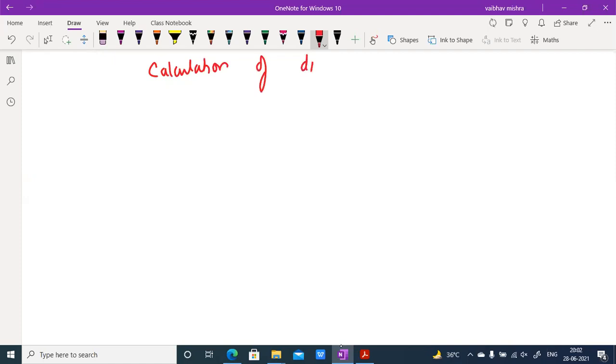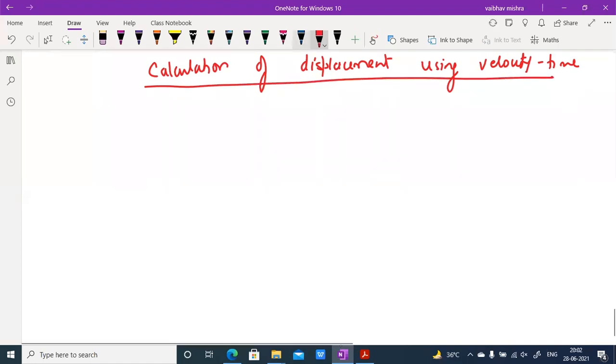Calculation of displacement using velocity. Using the velocity time relation: since we know that instantaneous velocity is defined as the rate of change of displacement, v is equal to dx by dt.